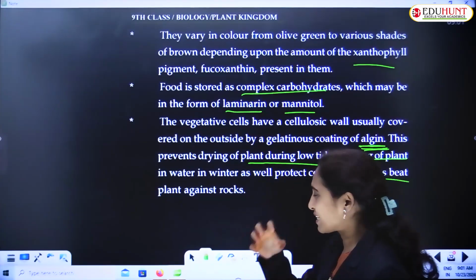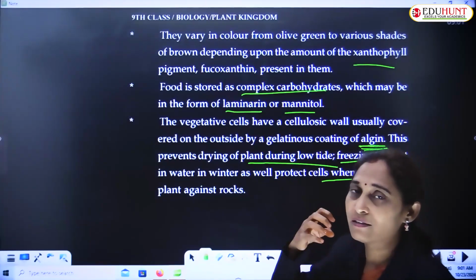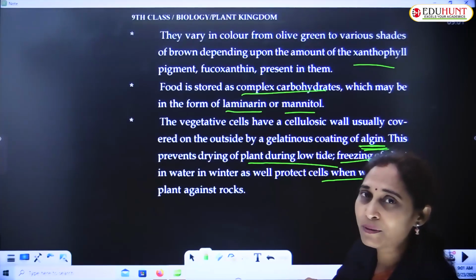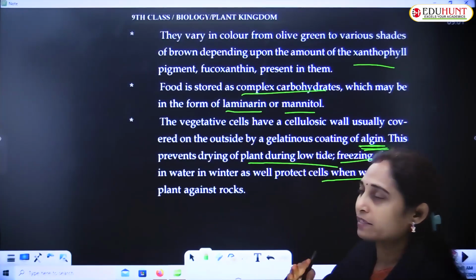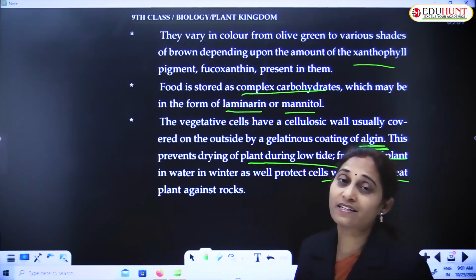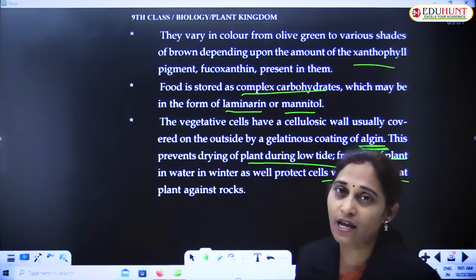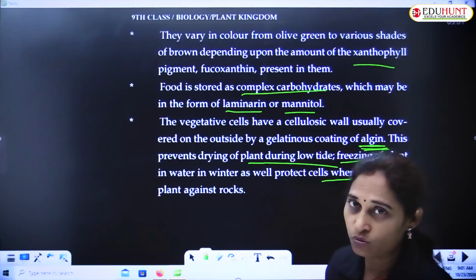To protect the algal member from that damage, they have a protective coat called algin, a gelatinous coat. Algin తో తయారైన gelatinous coat ఉంటుంది.